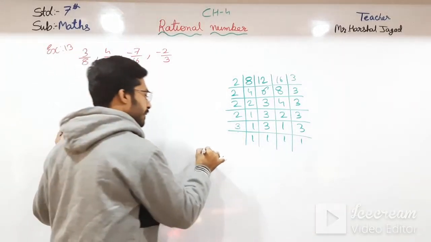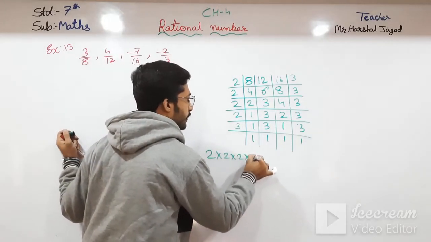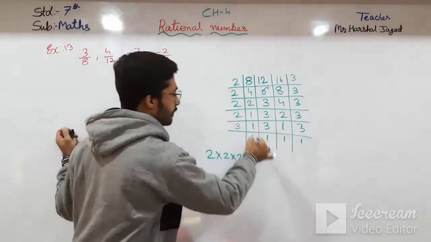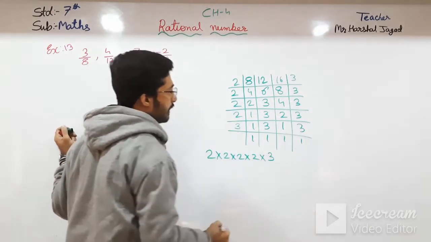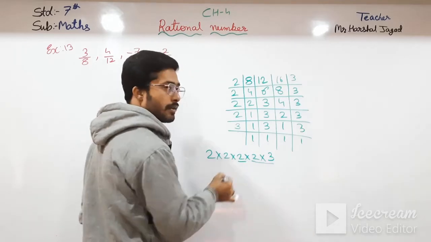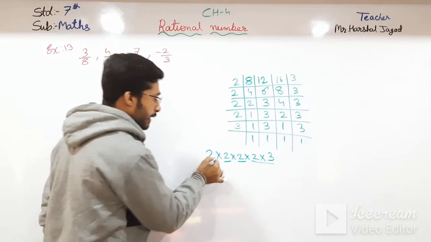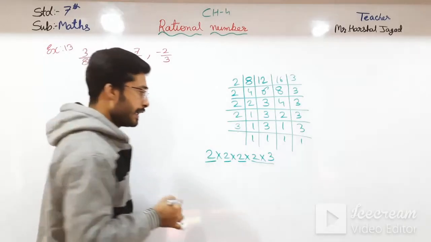So the LCM is 2 into 2 into 2 into 2, that is 4 times 2, and 1 time 3. So 3 twos are 6, 6 twos are 12, 12 twos are 24, 24 twos are 48.